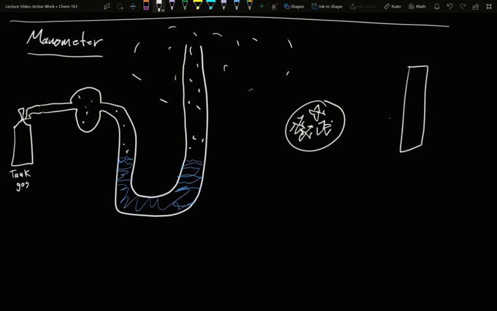Say you had a tall bookshelf, and you stood in front of it and you pushed. If it was just you pushing on it, it would tip over. But if you have someone on the other side, and they're pushing the opposite direction, your two forces cancel each other out, and it doesn't tip over. This is the same idea with pressures. If you have opposite forces that are equal, there's no change.